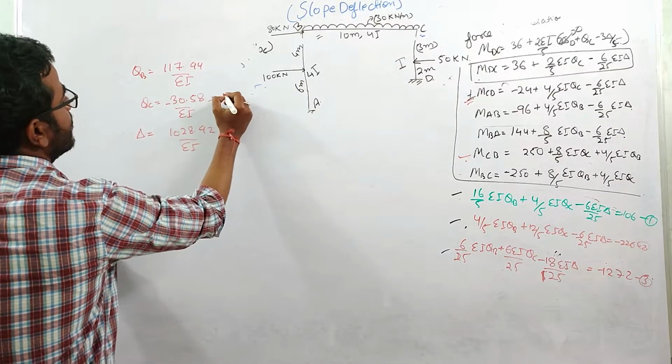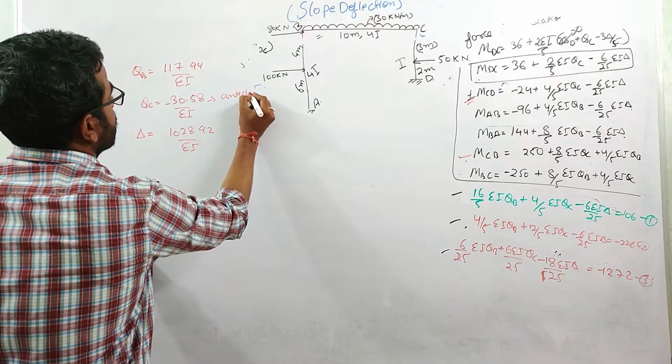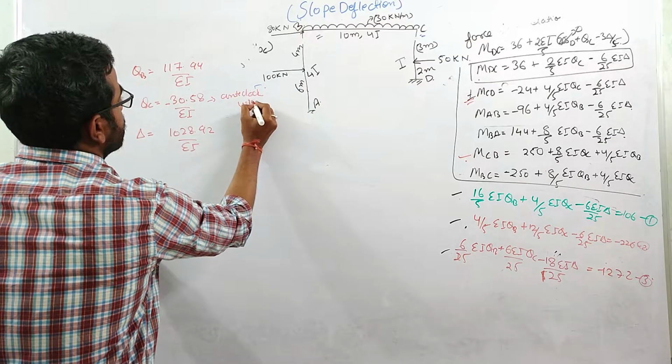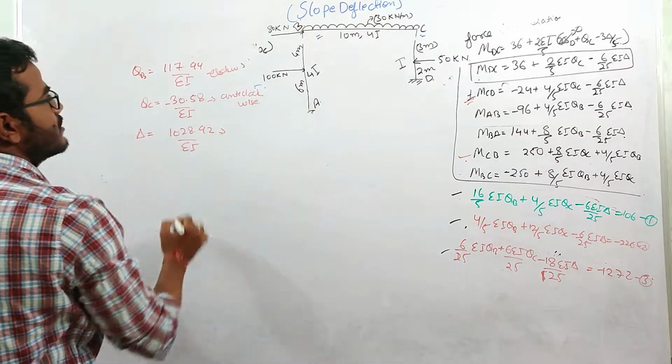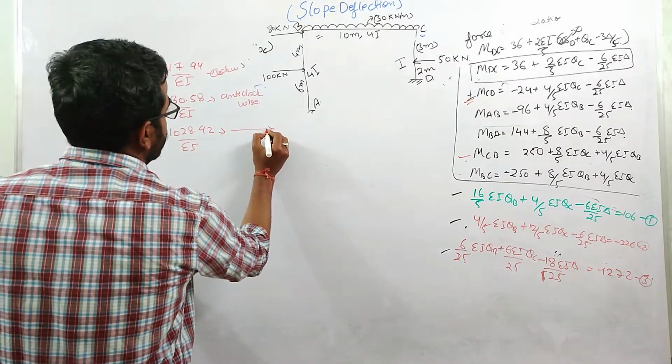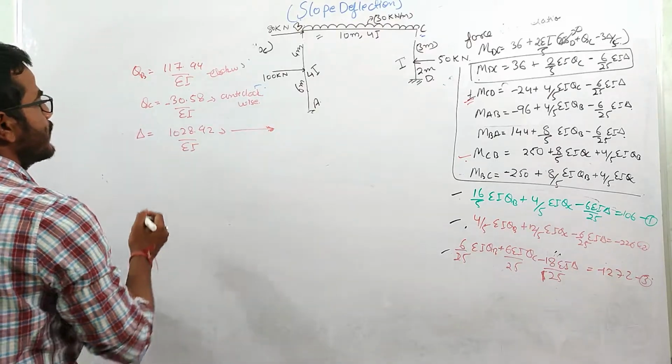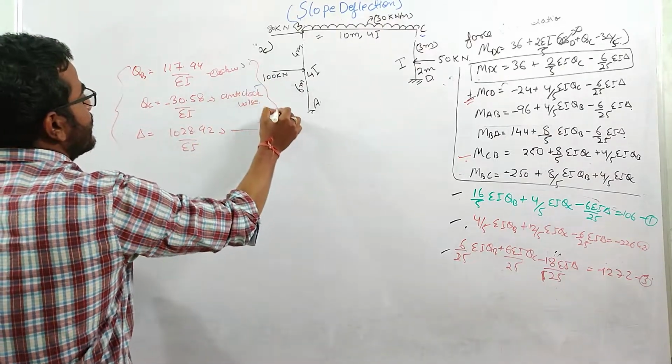Okay, so this is anti-clockwise rotation, this is clockwise, and this is as per the direction which we have assumed, that the sway is from left to right. So these are the values of theta B and theta C we are getting.